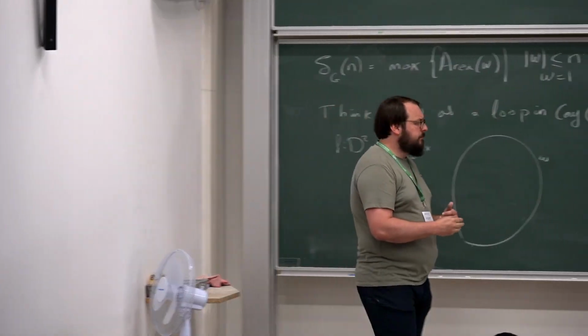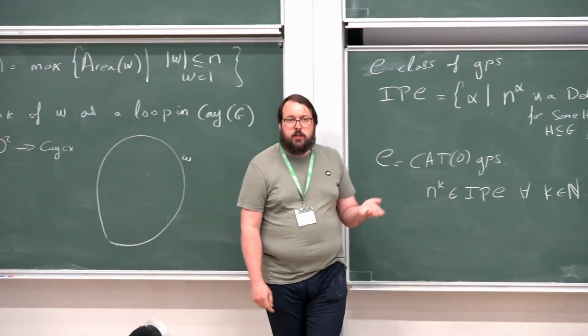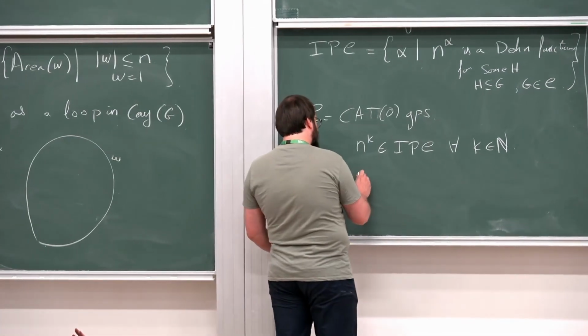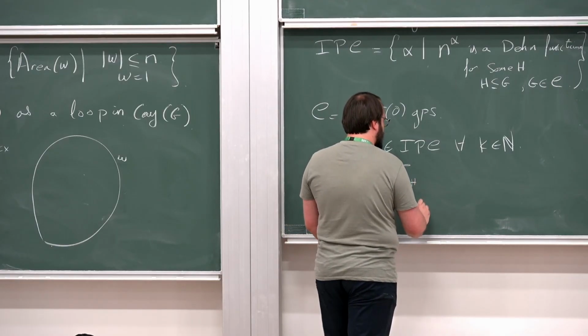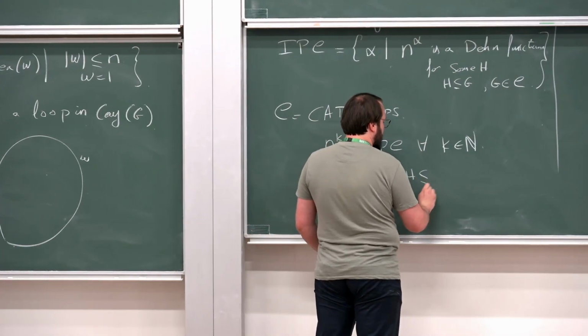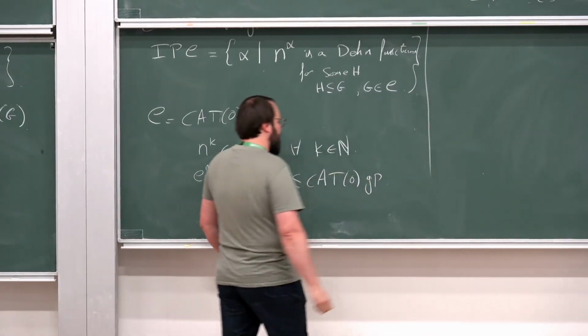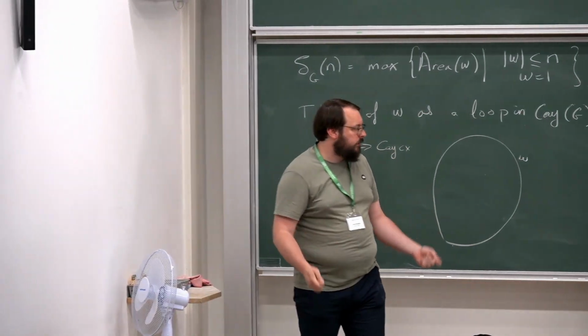You can also get exponential functions appearing as Dehn functions of subgroups of CAT(0) groups: e to the n is equivalent to the Dehn function of a subgroup of a CAT(0) group. And there are lots of tricks you can do to soup up weird things.